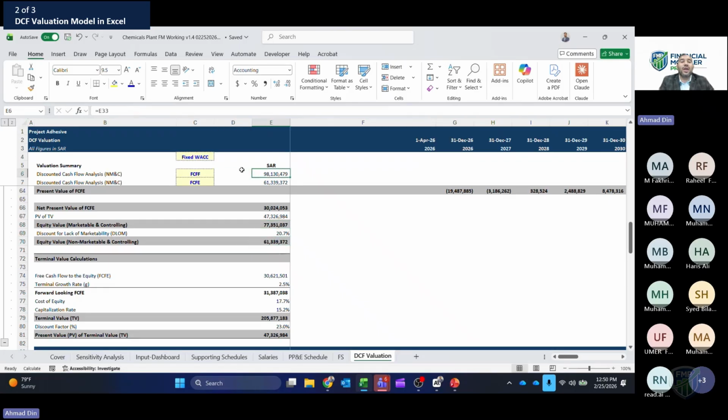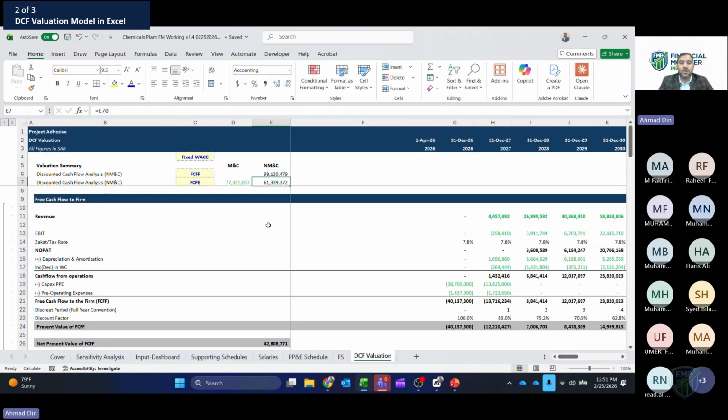Here we can add both values: marketable and controlling, and non-marketable and controlling. So for the reader, we can give all kinds of valuation, so he can understand what's going on with the valuation, and this will be our equity value through this one.